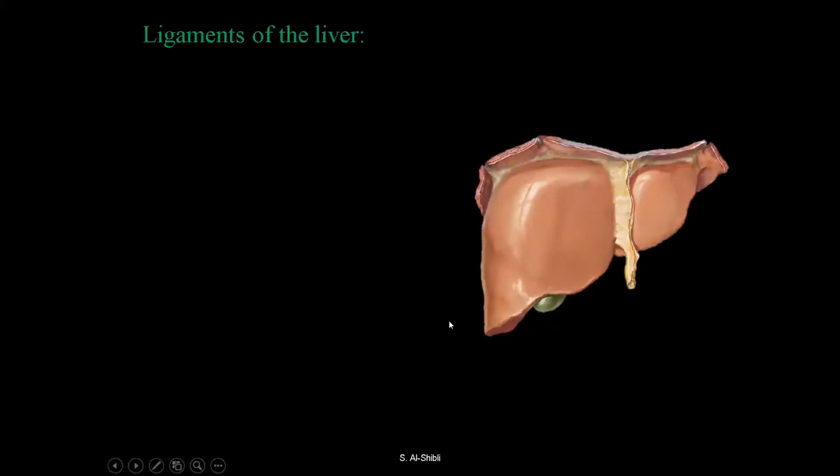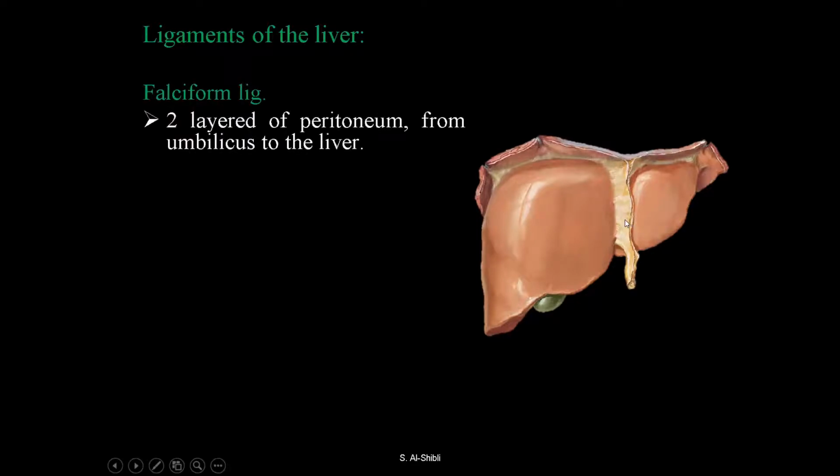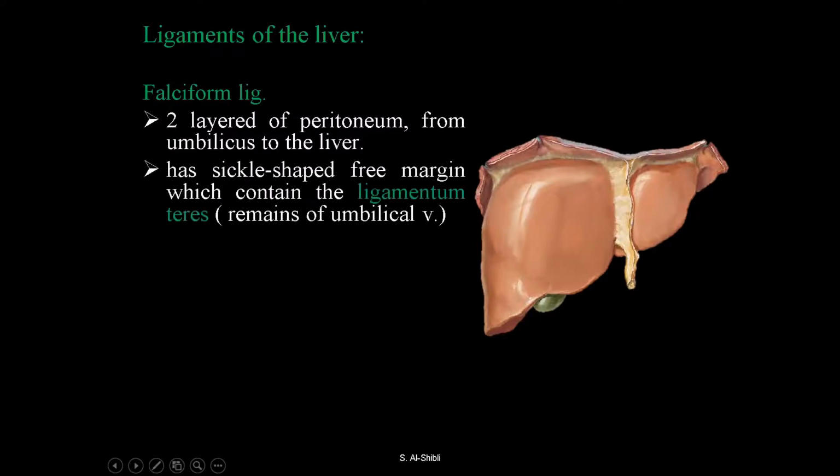Okay, the liver has many ligaments. Too many ligaments are attached to the liver, which is a two-layer of peritoneum from the umbilicus to the liver. Okay, and in its free margin, we have the ligamentum teres. Here is the ligamentum teres, which is actually the remains of the umbilical vein.